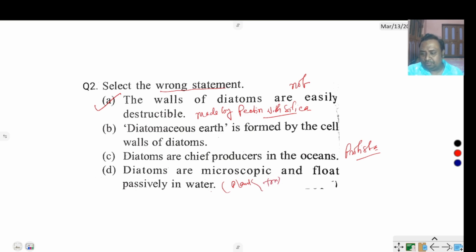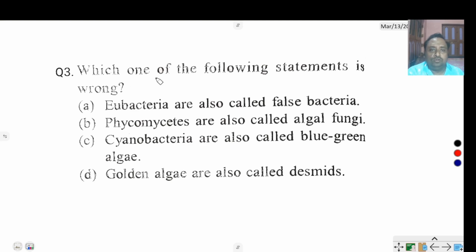Next question. Which one of the following statements is wrong? A. Eubacteria are also called false bacteria. B. Phycomycetes are also called algal fungi. C. Cyanobacteria are also called blue-green algae.